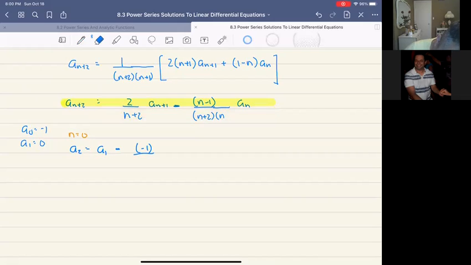I don't know why it became -1. I know why, because my handwriting stinks, but oh well. So that's -1 over 2 times 1, a sub 0. A sub 1 is 0. A sub 0 is -1, so that's going to be 1, 2, 3 minuses, minus 1/2.